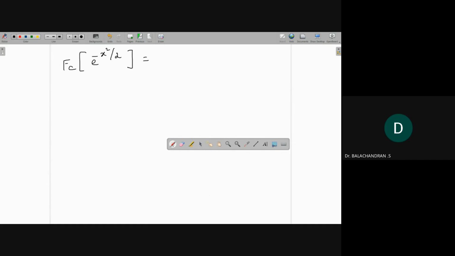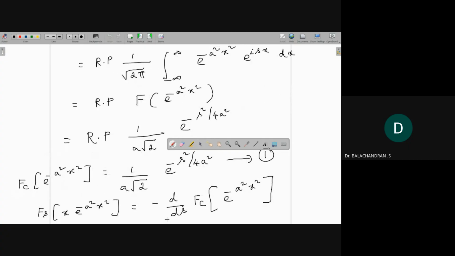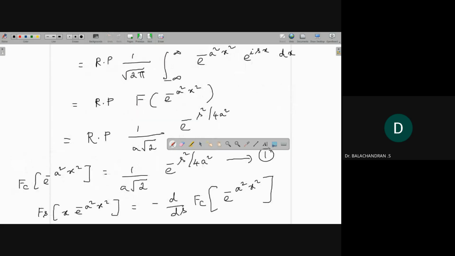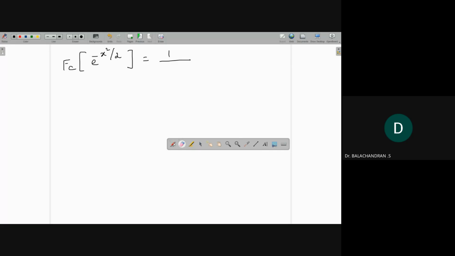In the right hand side you have 1 by a, which is 1 by root 2, into 1 by root 2, so they get cancelled. You get 1 by root 2 into root 2.